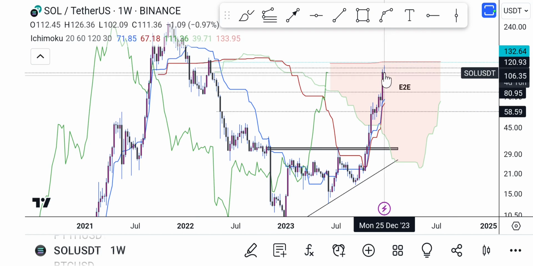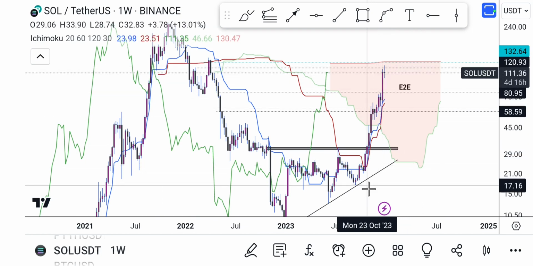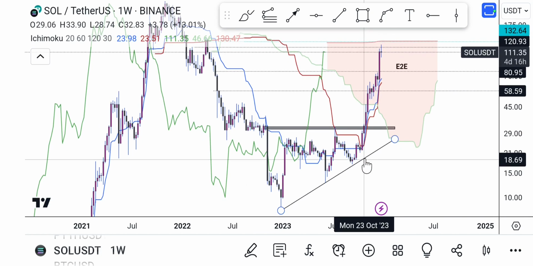But it's very, very important we get to know that prices have run up so fast that we should not be expecting too much push to the upside. We should be expecting price pushing back down to reset for another push to the upside.